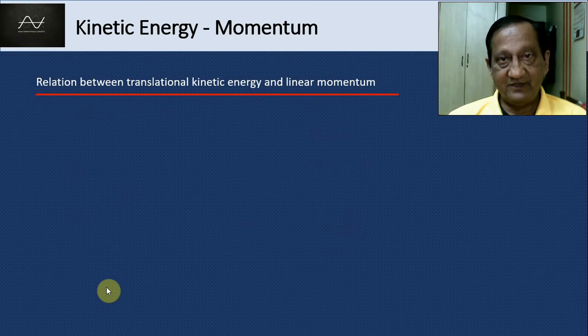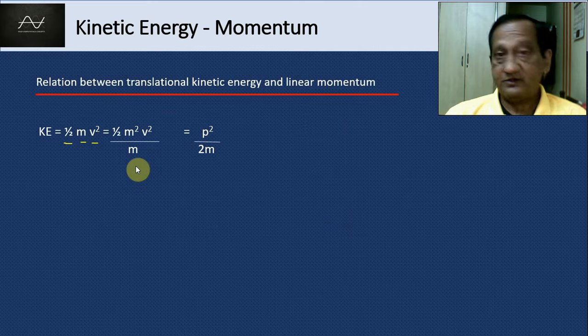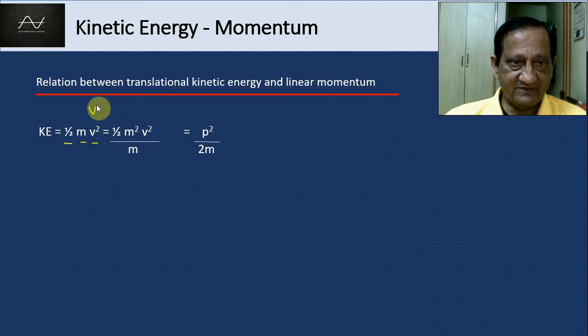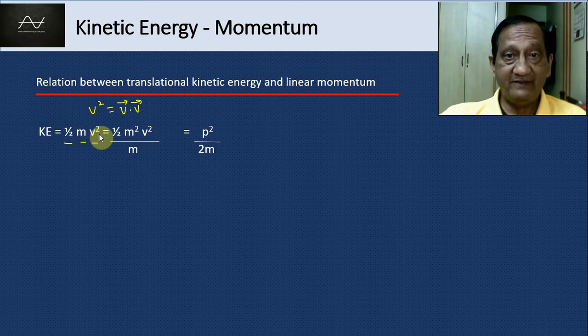Now, there's a relationship between kinetic energy and momentum. Kinetic energy is the energy possessed by virtue of its motion, and the expression for kinetic energy is half mv square. What is this v here? It is not velocity. It is speed, because v square is nothing but v dot v, which is a scalar quantity. So we are talking of square of the speed.